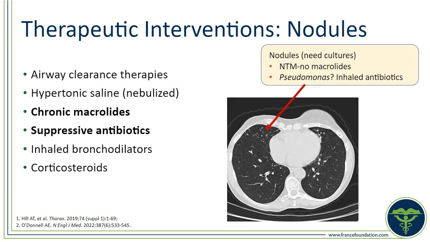It is really important before starting a chronic macrolide to obtain culture data, particularly to help exclude non-tuberculous mycobacteria infections such as MAC, as in those cases, we would not want to use macrolide therapy as a potential therapeutic for bronchiectasis, as this could contribute to resistance if we need to treat the underlying NTM infection.